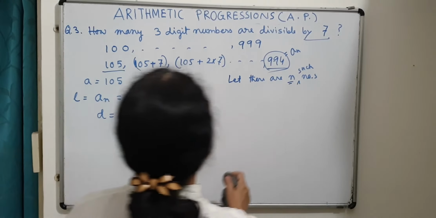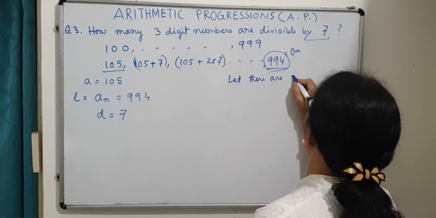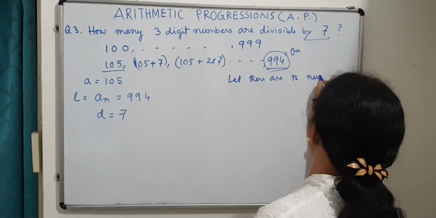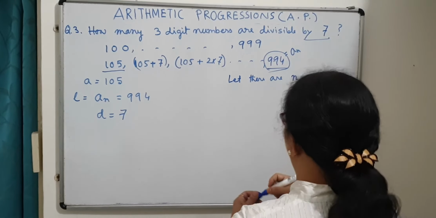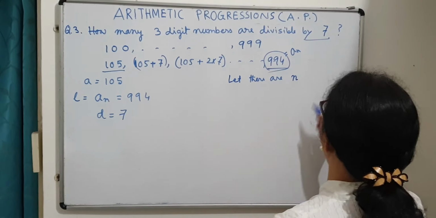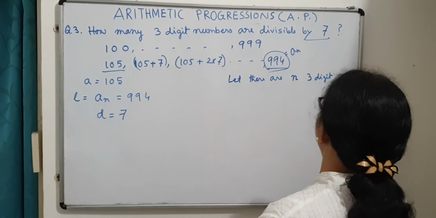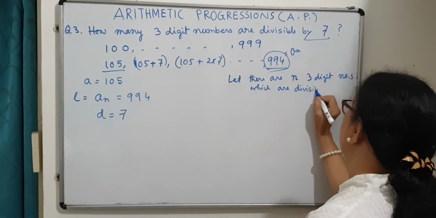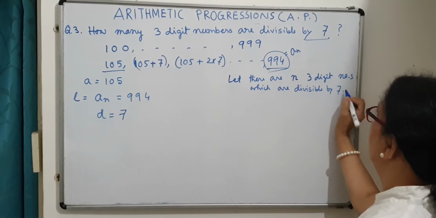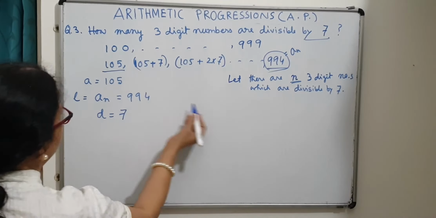Let there be n 3-digit numbers which are divisible by 7. So we have to find what n is. That is the question.